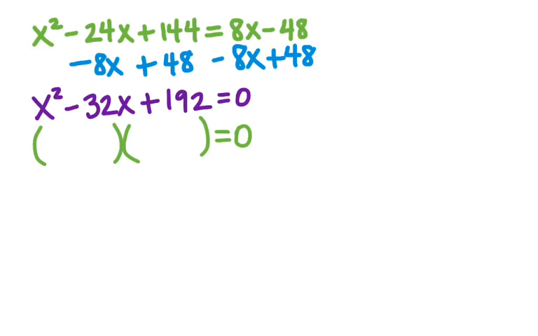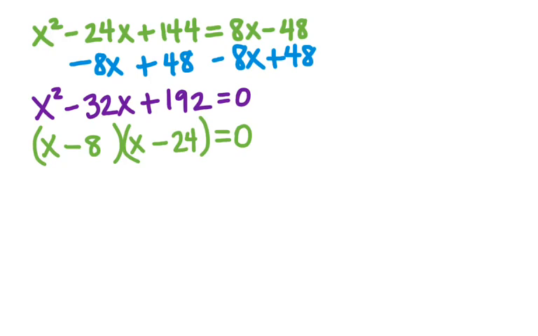So I know the two things that multiply to get x squared are x and x. And then I need two numbers that multiply to equal 192, and they have to add or subtract to equal negative 32. So I did some work off to the side and found all of the factors of 192 and came up with possible combinations that would add or subtract to equal negative 32.